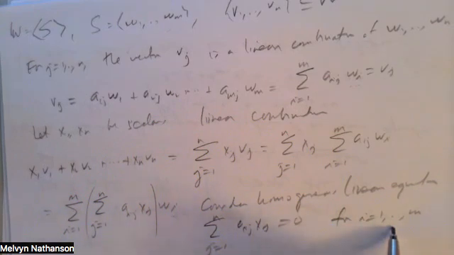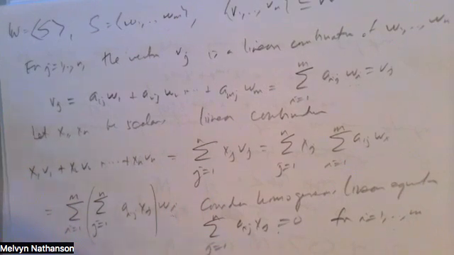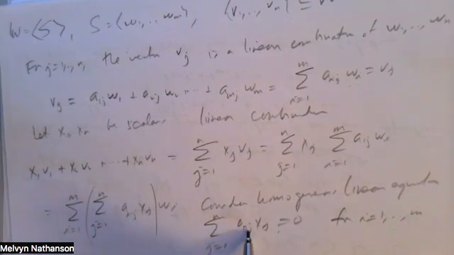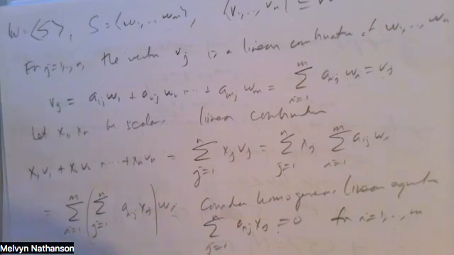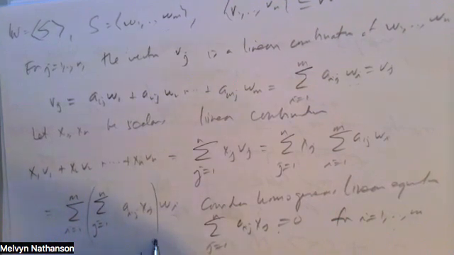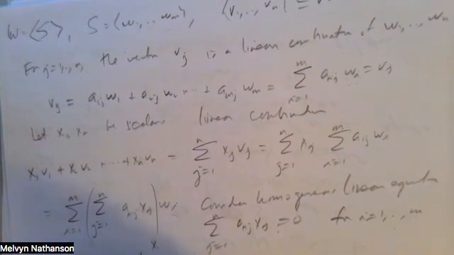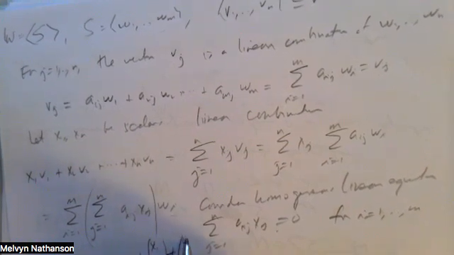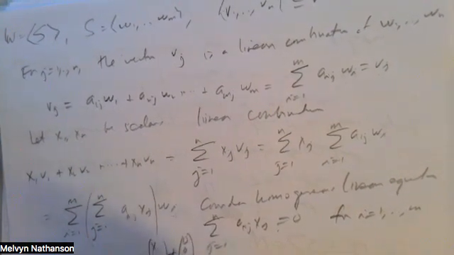So I have m equations in n variables. If I have a homogeneous system of equations with more variables than equations, m less than n, there exists a solution x1 up to xn which is not all zero, not the zero vector.